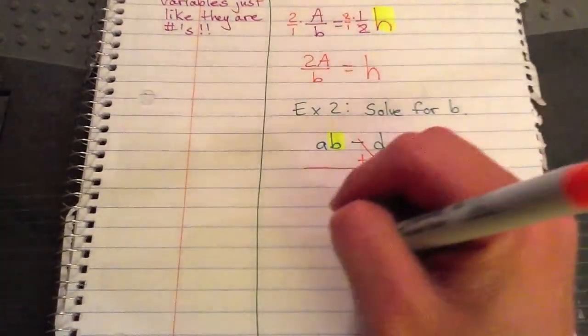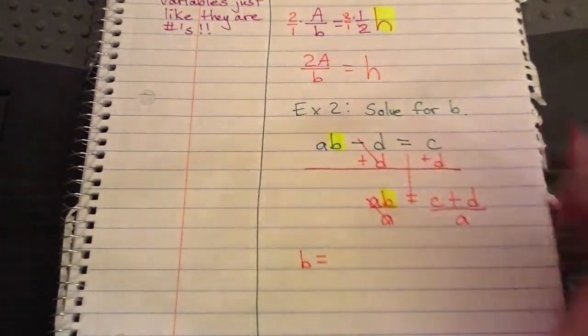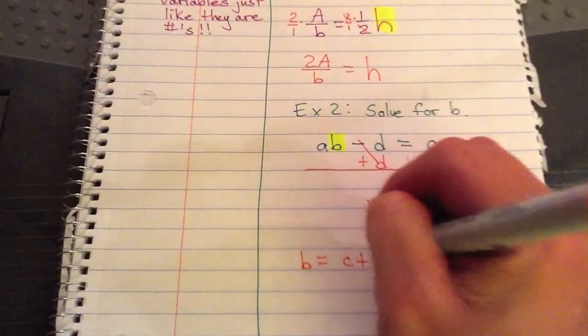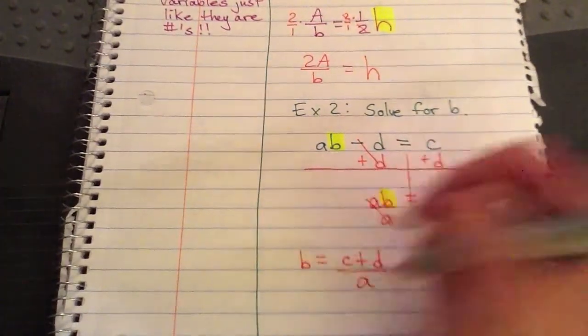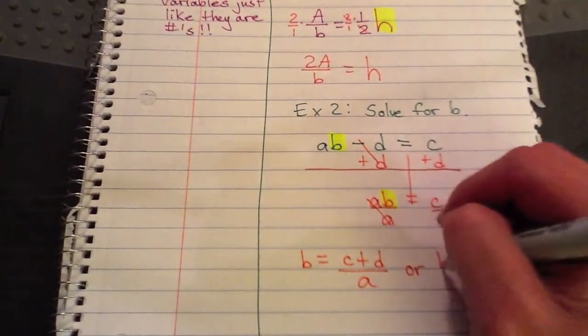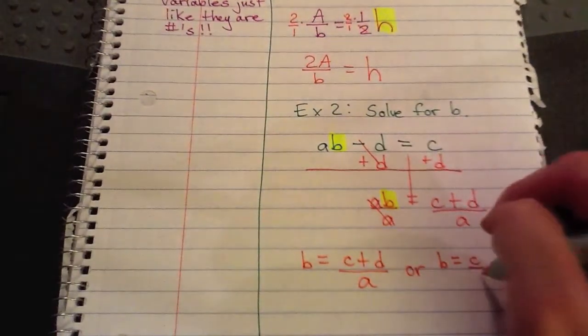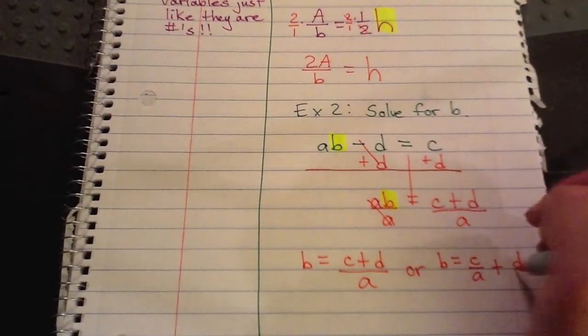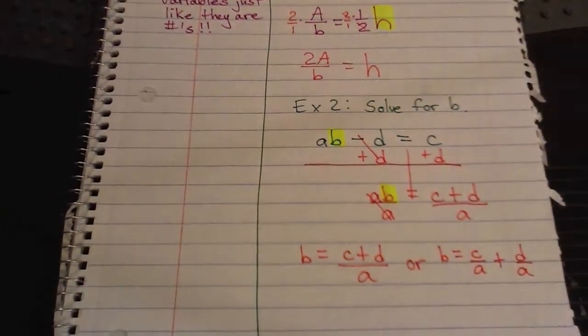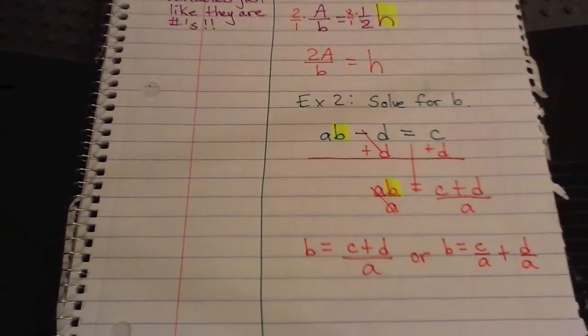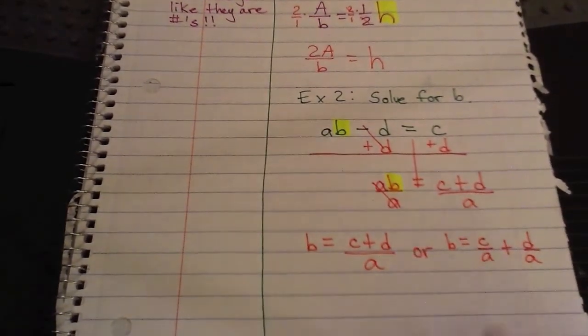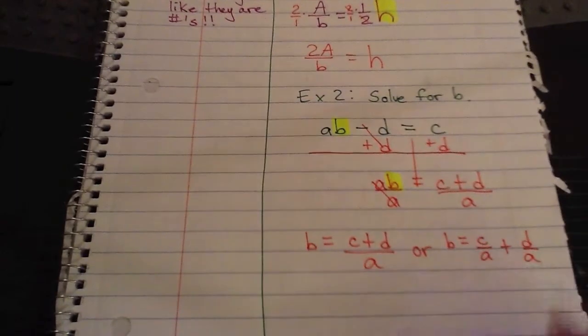And my answer is b equals c plus d over a, or you might see it written as b equals c over a plus d over a. They're both being divided by that a. So if you're going to split it up, you need to make sure that you keep both of them being divided by a.